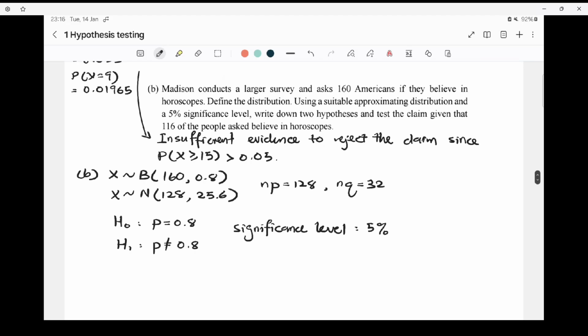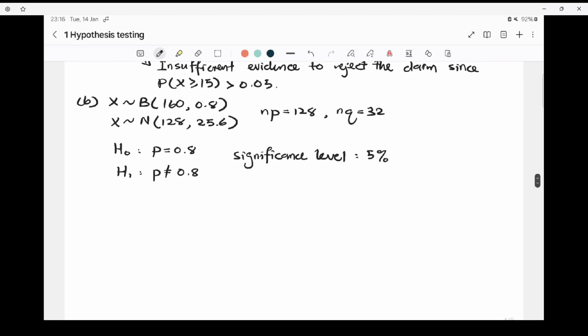If you are performing a two-tailed test, you need to test from the left and test from the right. If either one of the test statistics falls into your critical region, then you reject your H naught. So this is something important that you need to remember.